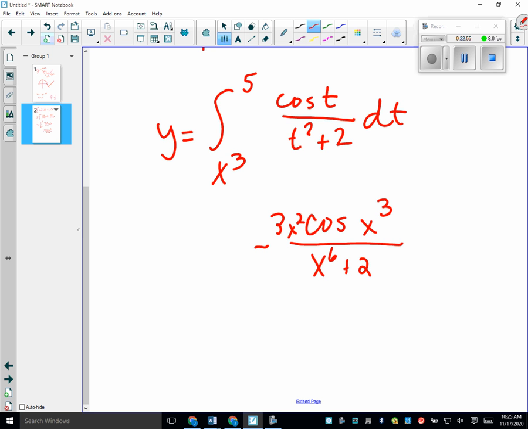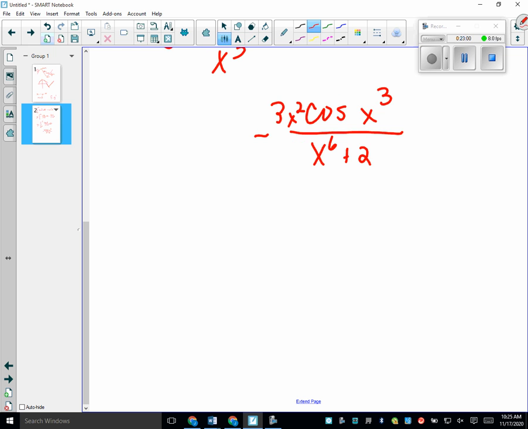Make sense? Now, what if I want to write an integral? This theorem also allows me to write an integral.